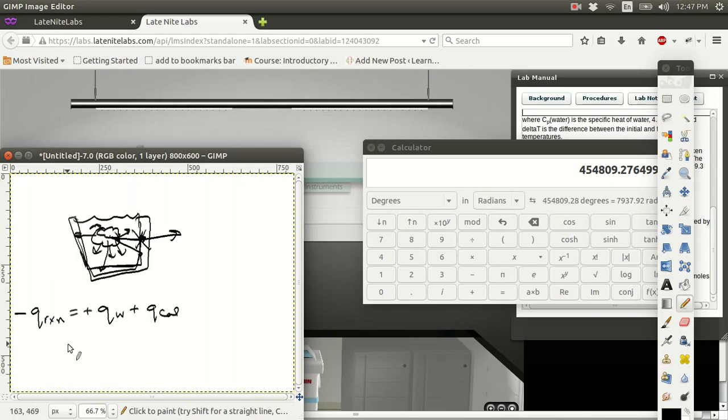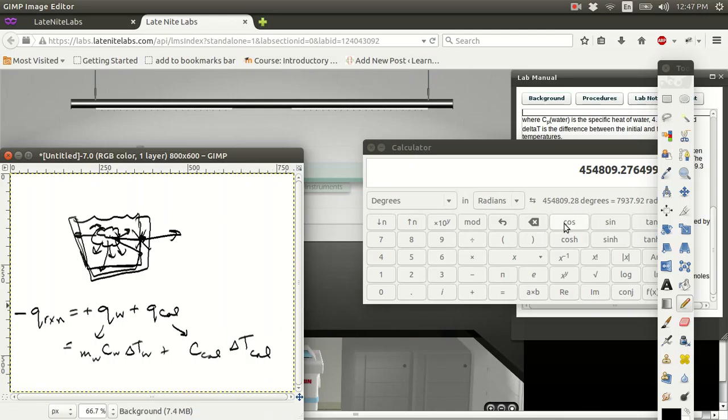Okay, so if you assume that, then you've got, for the water, the mass of the water, C for the water, delta T for the water, and then for the calorimeter, the heat capacity of the calorimeter times the delta T of the calorimeter. Okay, now here, we don't use the mass.